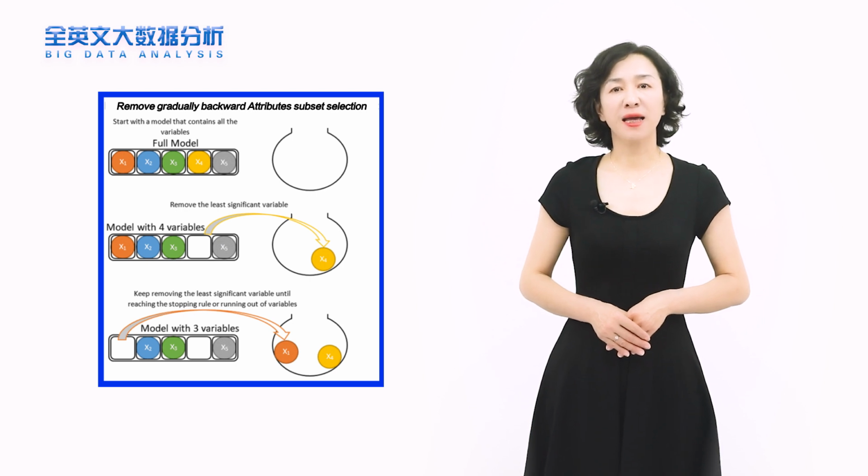Sometimes we can combine the forward selection and backward selection methods together to select the subset of attributes.